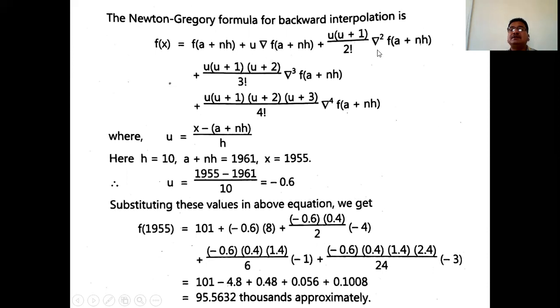Calculating, we have the answer 95.56. So this is the population of that town in the year 1955.